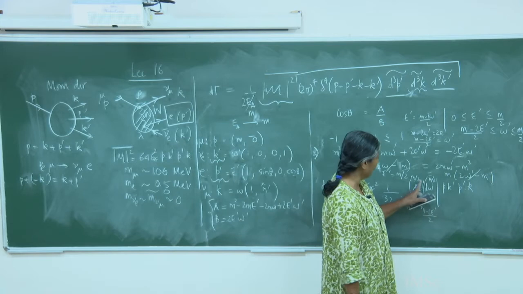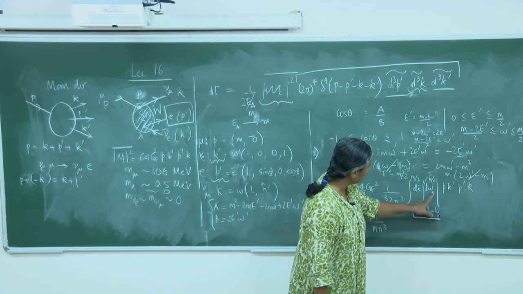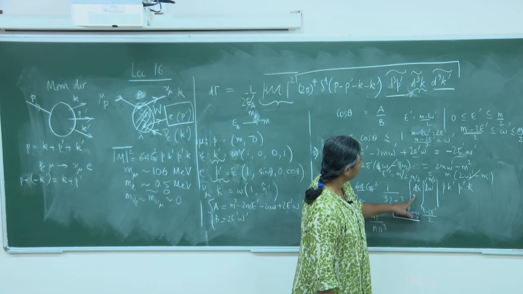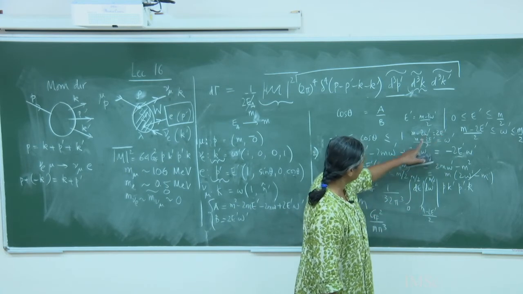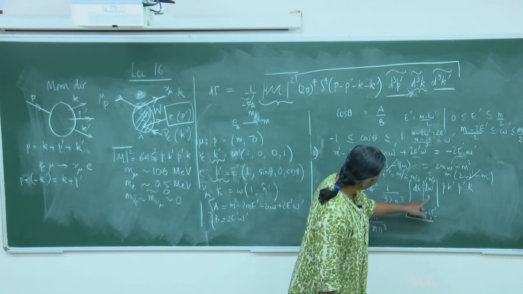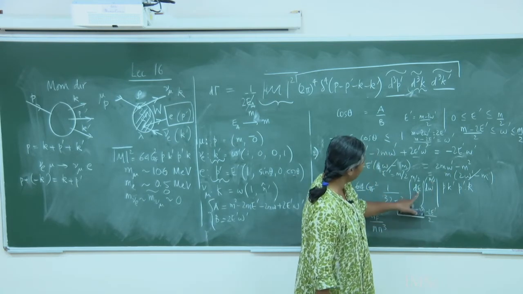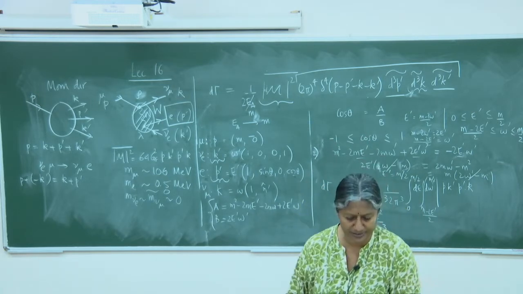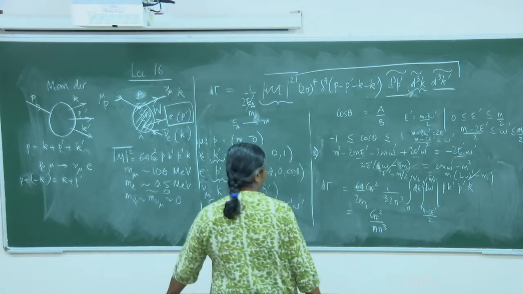So both of them can go to a maximum of m by 2, but then one of them, either E prime or omega prime, you must put the limit depending on the other. So either I say that E prime goes over this and omega prime is from 0 to m by 2, or omega prime goes depending on E prime and E prime goes from 0 to m by 2. It will be symmetric, it will give you the same answer. Is it clear?